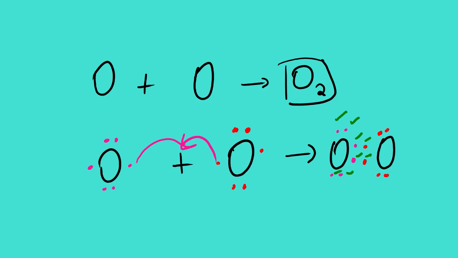The second one has 1, 2, 3, 4, 5, 6, 7, 8. And then we can also draw it like this. It will be 1, 2, 3, 4, 1, 2, 3, 4, and then this represents a double bond.